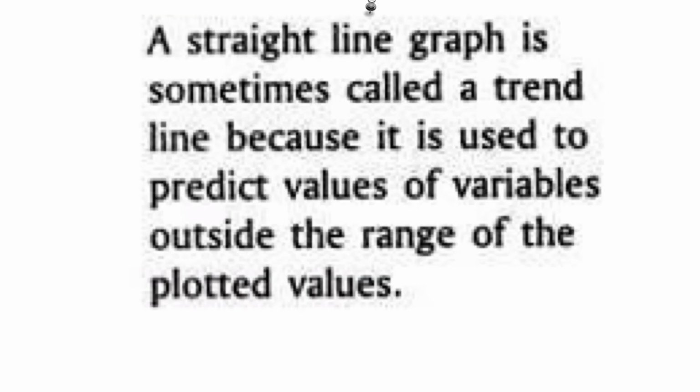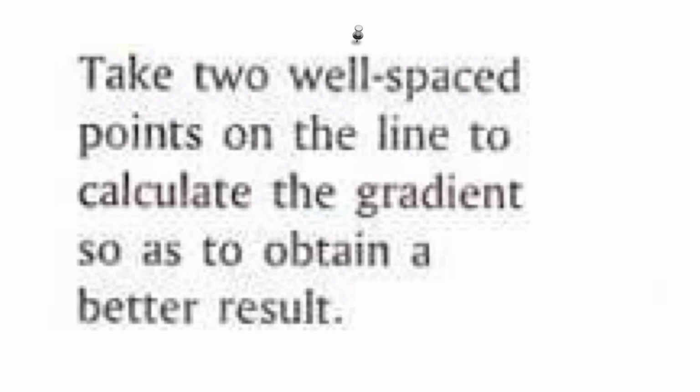A straight line graph is sometimes called a trend line because it is used to predict values of variables outside the range of the plotted values. Take two well-spaced points on the line to calculate the gradient so as to obtain a better result. The points that you use must be on the line in order to calculate the gradient.